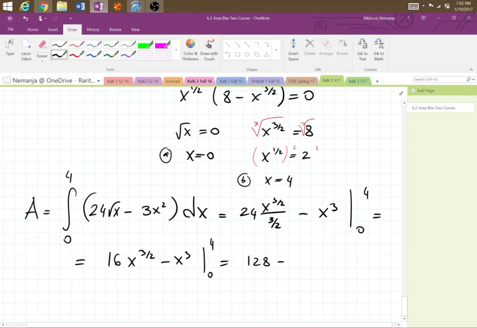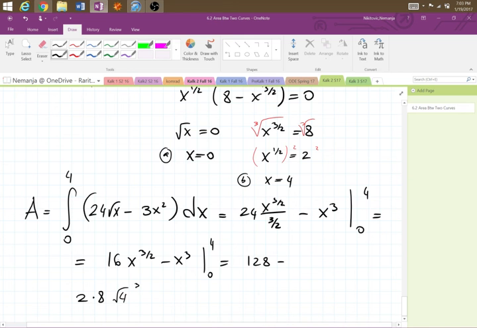Minus, what happened? Can you do that for one? Like how do we jump? 16 is 2 times 8, and then you have 4, square root of 4 cubed.